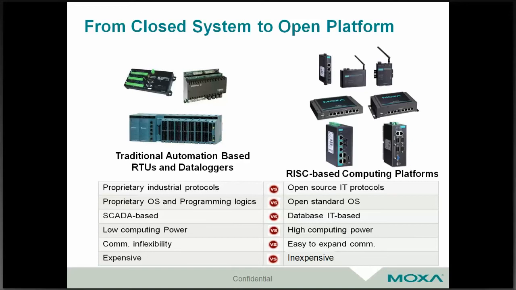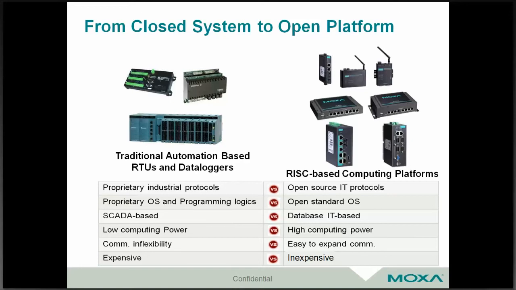So compare all those bullet points which I think are important for remote asset management. It becomes very obvious that the open computing platform is going to be the future trend. All the people are going to use it, trying to avoid using the POC or RTU.